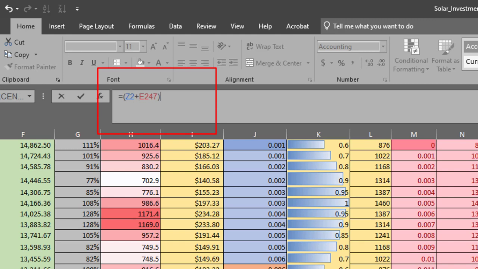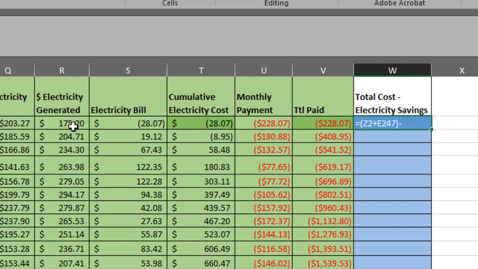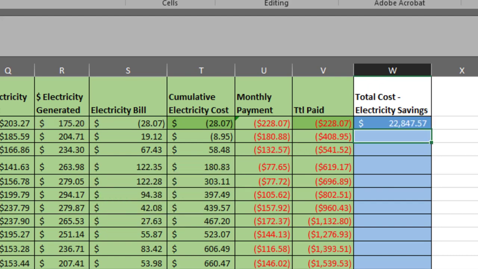But because the electricity company is paying us some money, we need to subtract what our electricity generated is, and in this first month it's $175.20. So we will click on that and press enter.